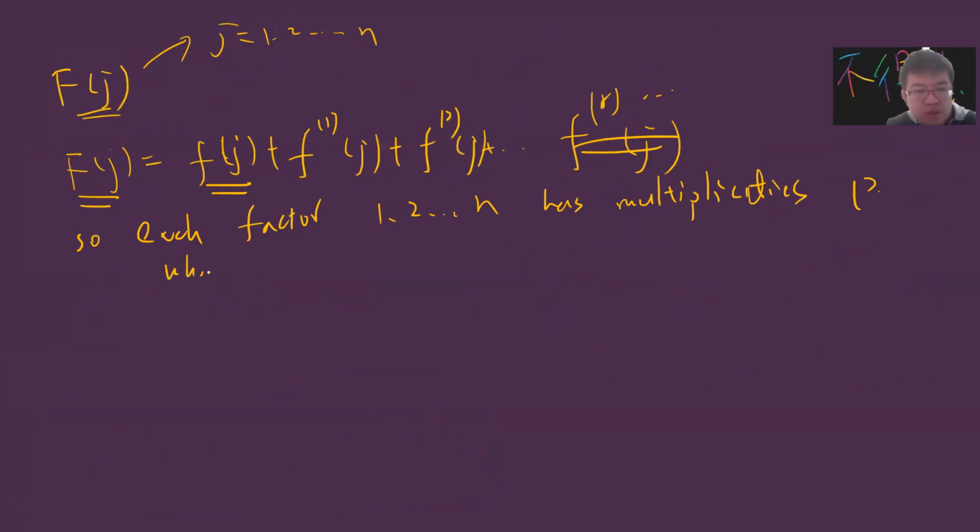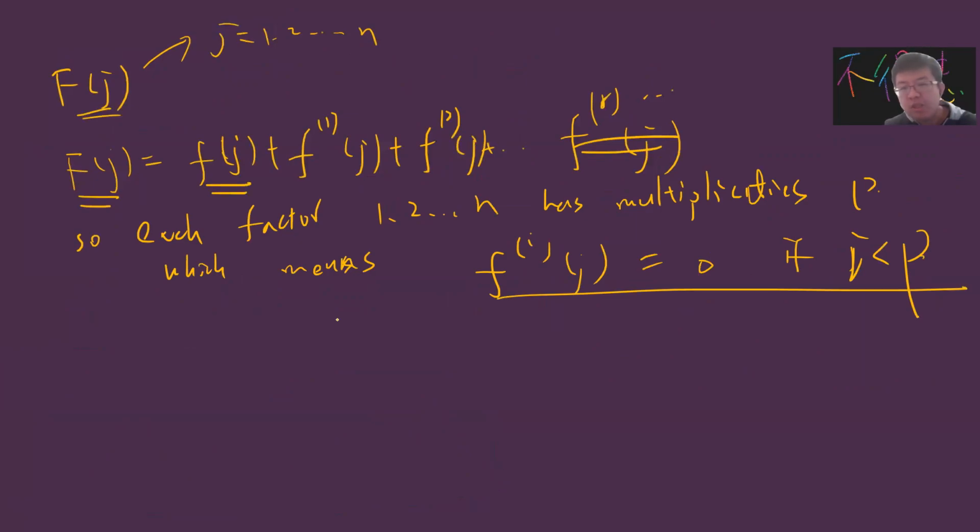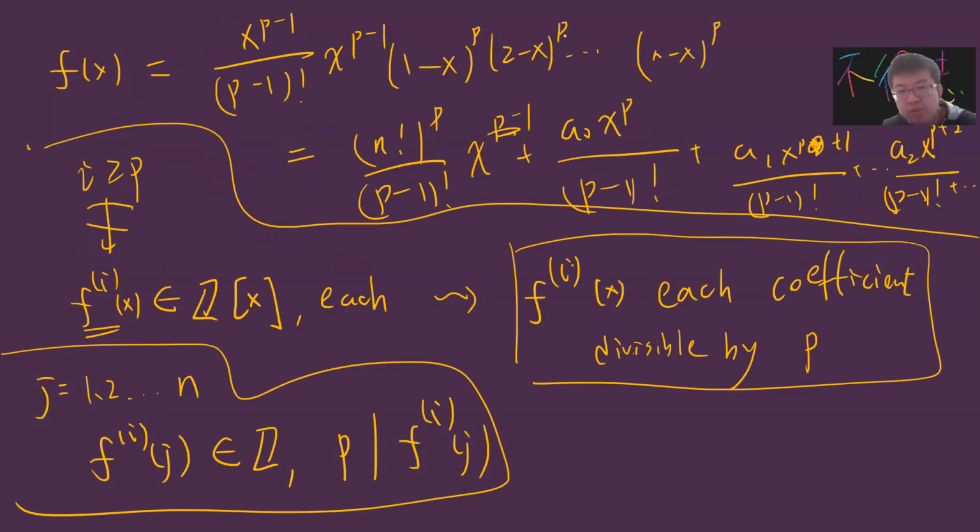Which means that f to the i of j is 0 if i is less than p, because it still has multiplicity p. If you differentiate fewer than p times and plug in j, you get 0.